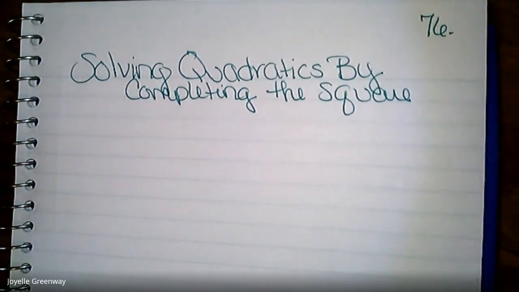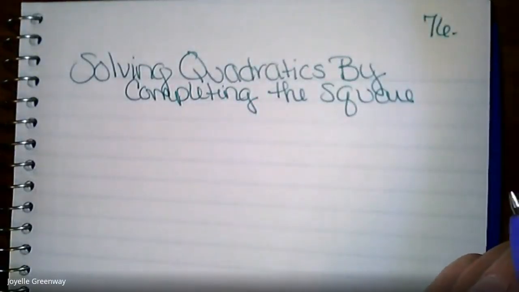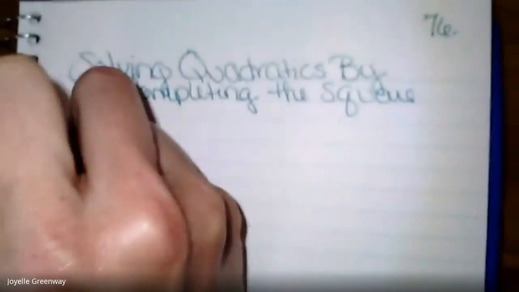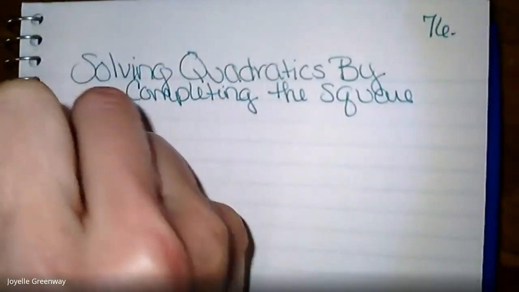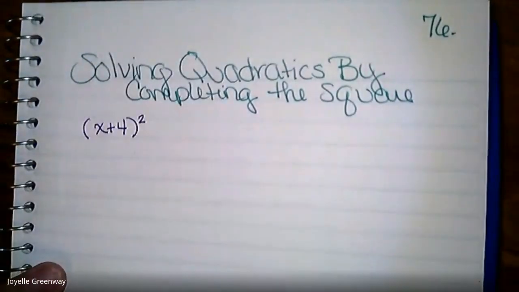Before we get into really going through and solving it, I just want you to understand what completing the square means. Completing the square means you're going to have a perfect square as a binomial, right? We know the number 49 is a perfect square. And a perfect square binomial would be, for example, (x + 4) quantity squared.